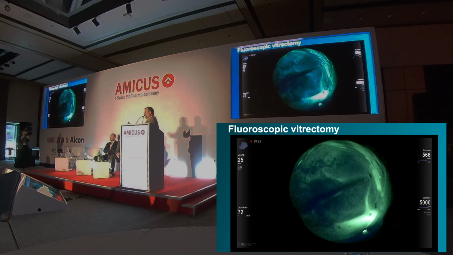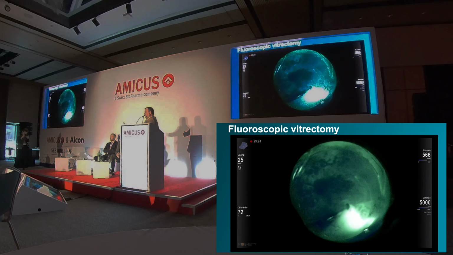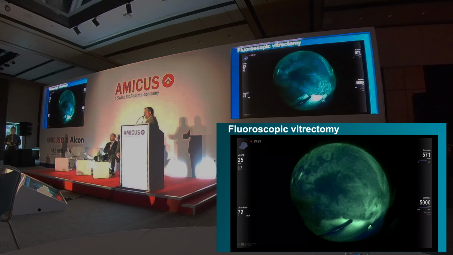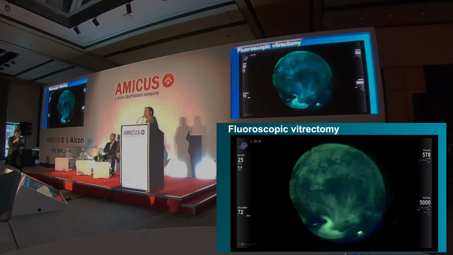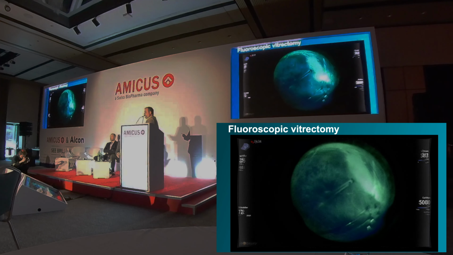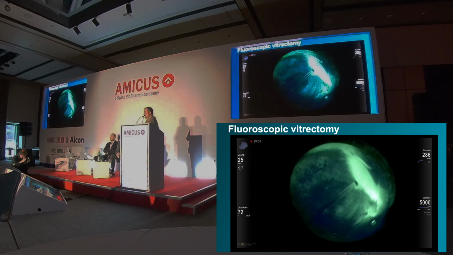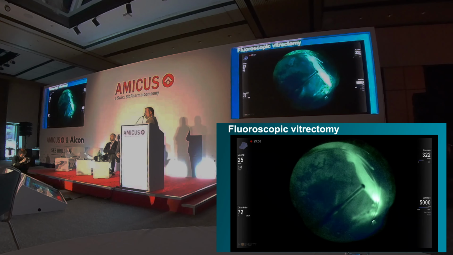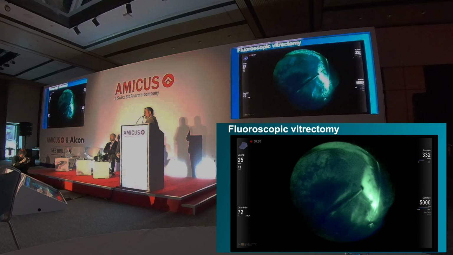We can use high vacuum. You see, I'm here with 566 full pedal to the metal because I see. I don't anticipate where is the vitreous. I see it and I can remove it. So I believe it will transform the way we do vitrectomy.